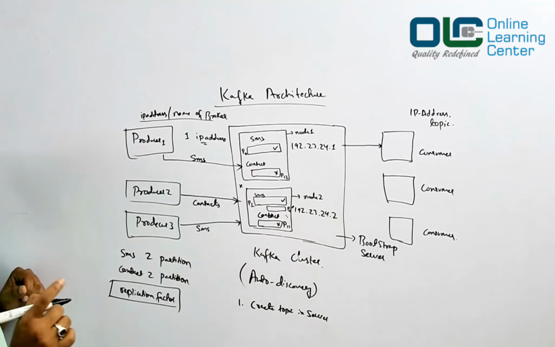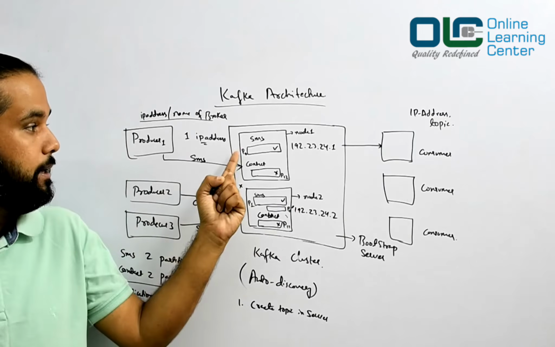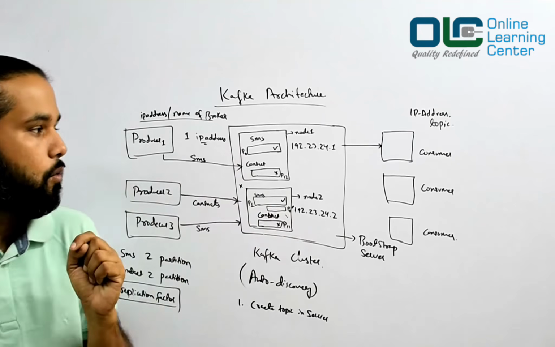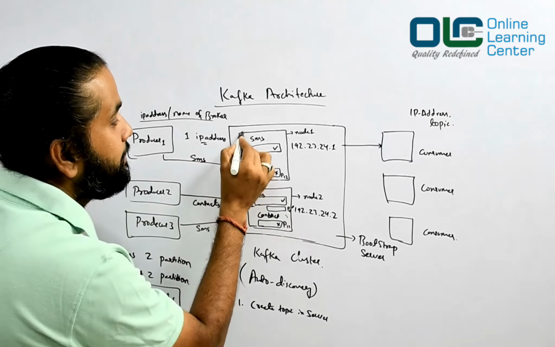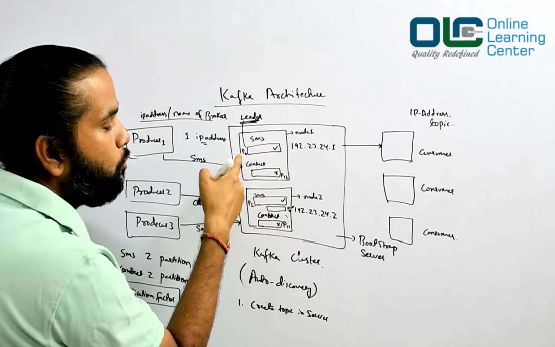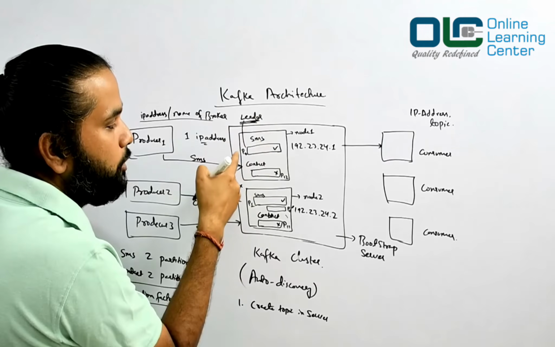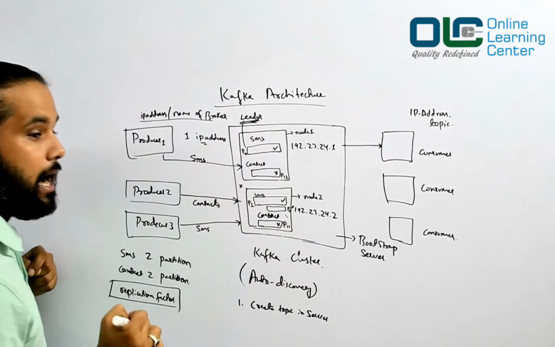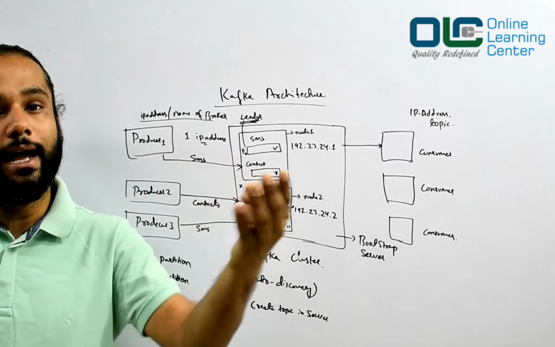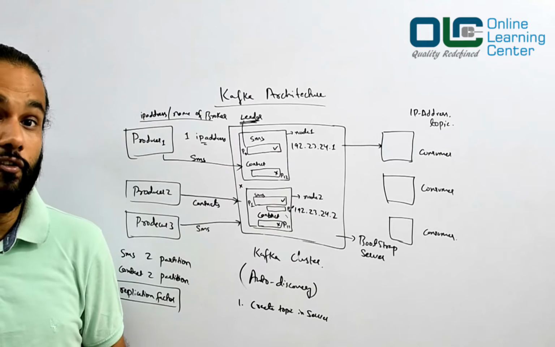Okay, so whenever there is one main partition and a replica partition, one partition would be called the leader. The replicas are called followers. Okay, so the main partition is called the leader and its replicas are always called followers.